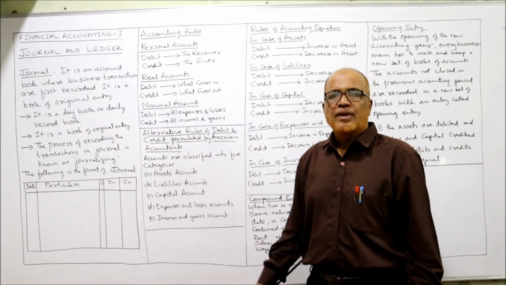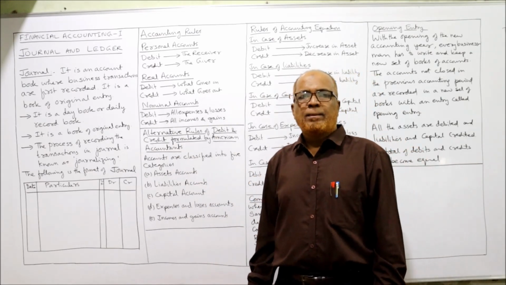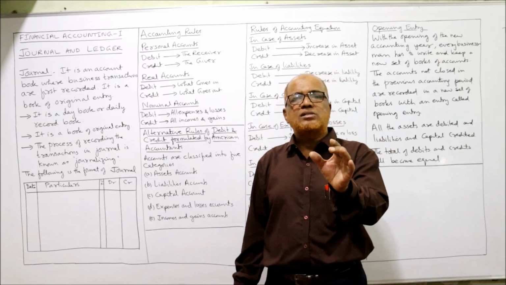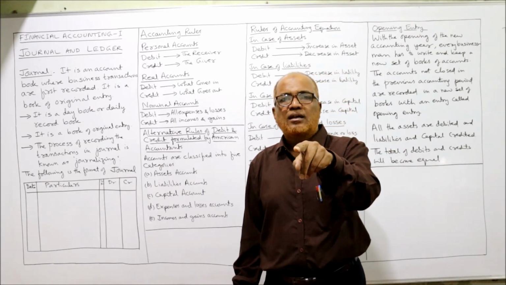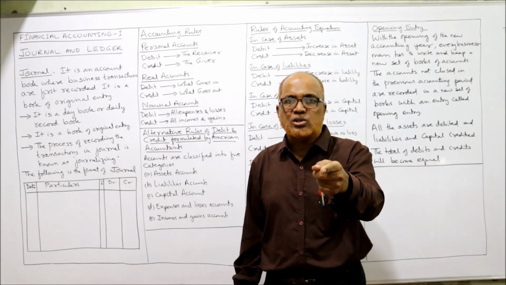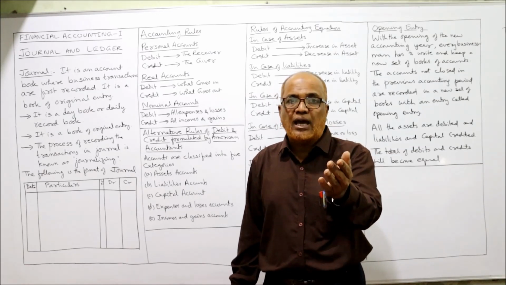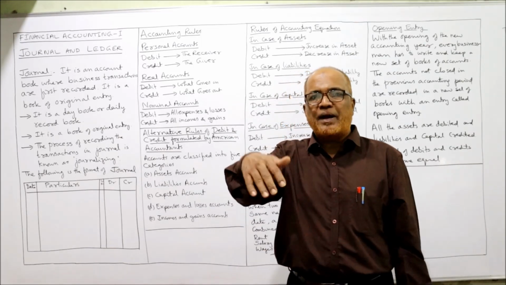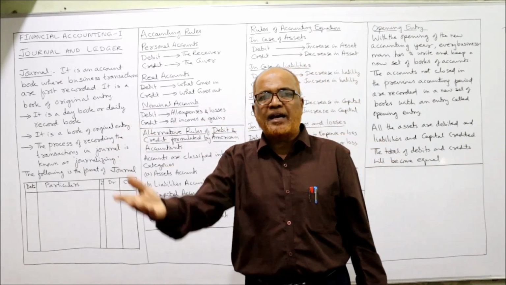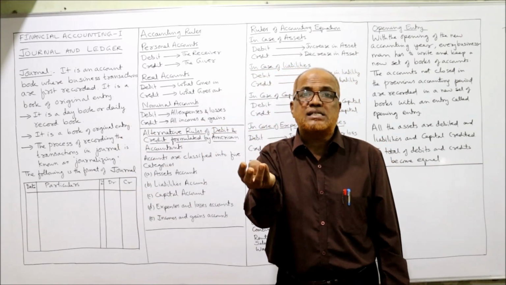In nominal account, debit all expenses and losses, credit all incomes and gains. Nominal accounts are accounts relating to expenses, losses, incomes and gains. If you see that it is an expense or loss, it will be debited. If you see it is an income or gain, you should credit it. Example, the business has paid the salary. The business has paid the rent. So the salary and rent are expenses.